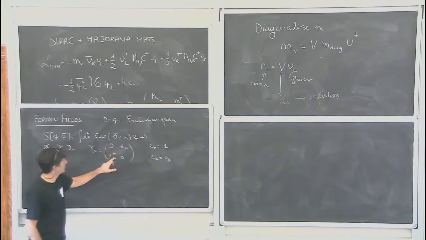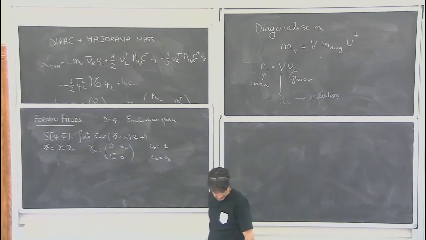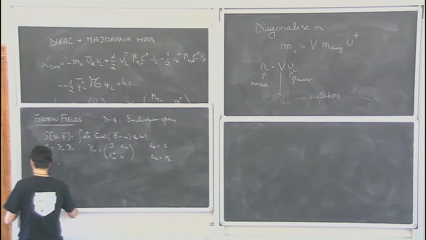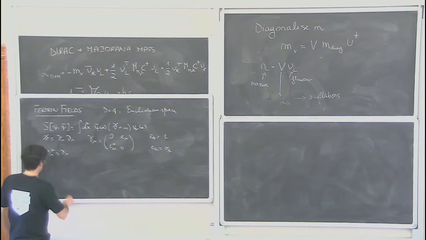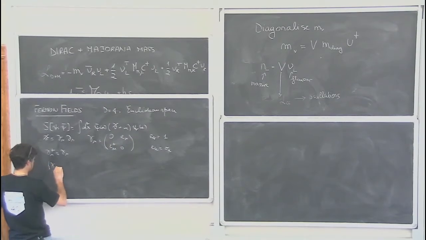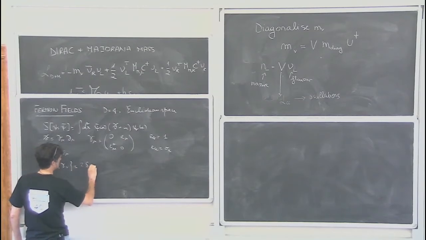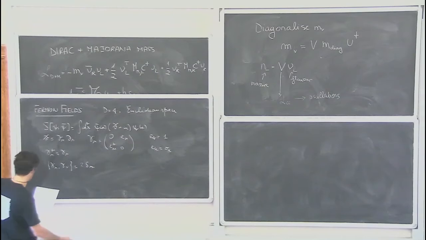So these are 2 by 2 blocks, and with this convention for the gamma matrices, we've got that the gamma matrices are all Hermitian. The anti-commutator gives you a Euclidean Clifford algebra structure, so {gamma mu, gamma nu} is 2 times delta mu nu.